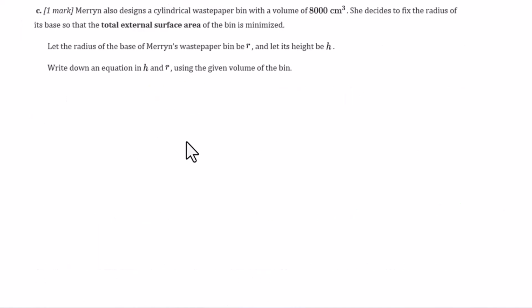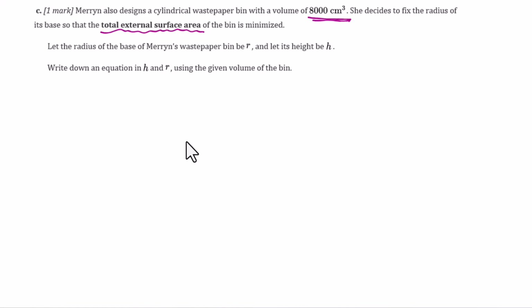C. Marion also designed a cylinder waste paper bin with a volume of 8,000 centimeter cubed. She decides to fix the radius of its base so that the total external surface area of the bin is minimized.